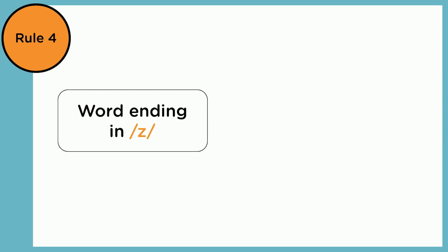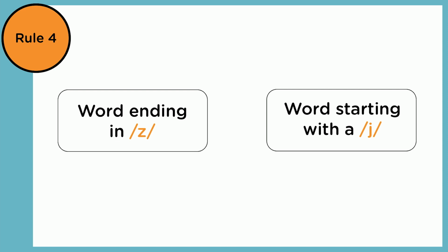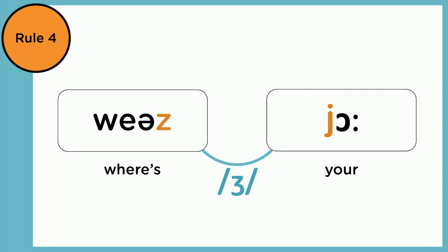This one is when the first word ends in the z sound, and the next word starts with y. So this one's a little bit different. This time we add the j sound. Here's an example. Where's. And the second word, your. So separately, it's where's your.